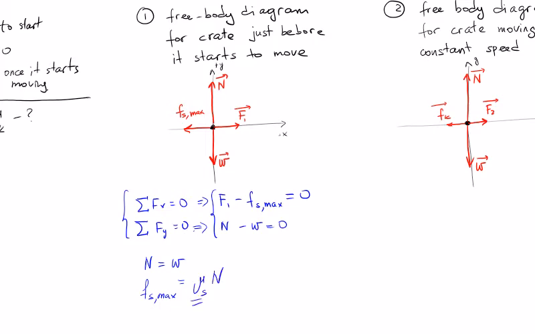So from here I can find mu s. Mu s equals Fs max divided by normal force. And from the first equation we can find Fs max equals F1.